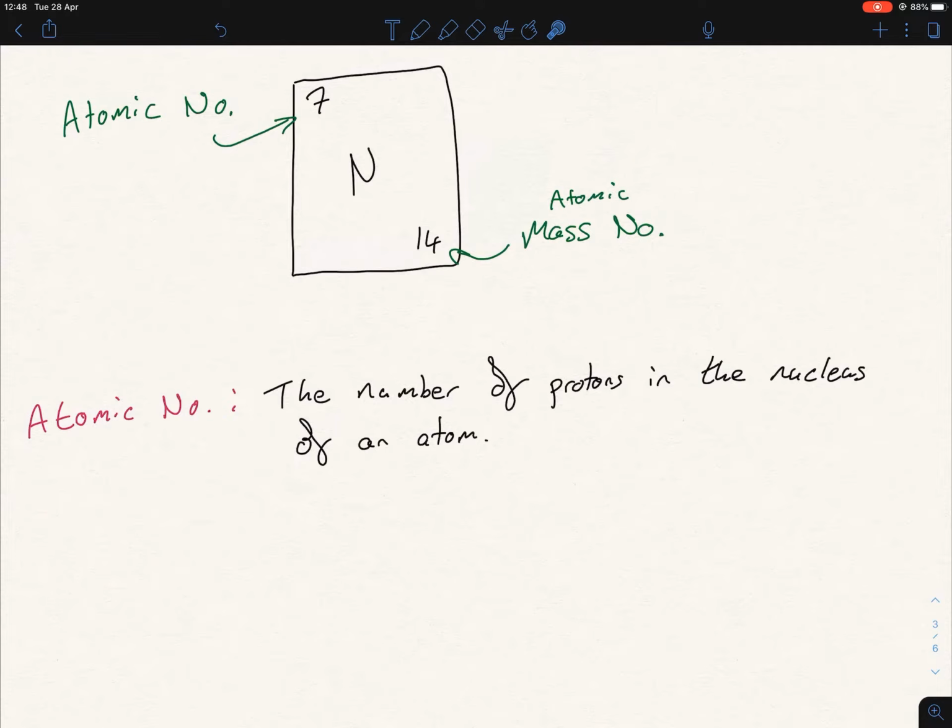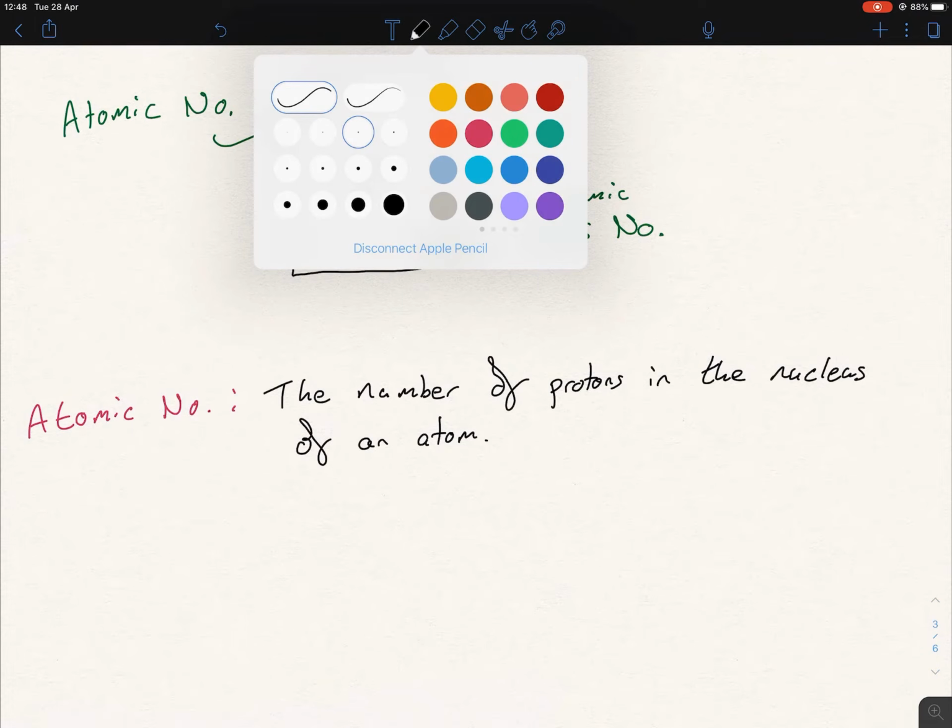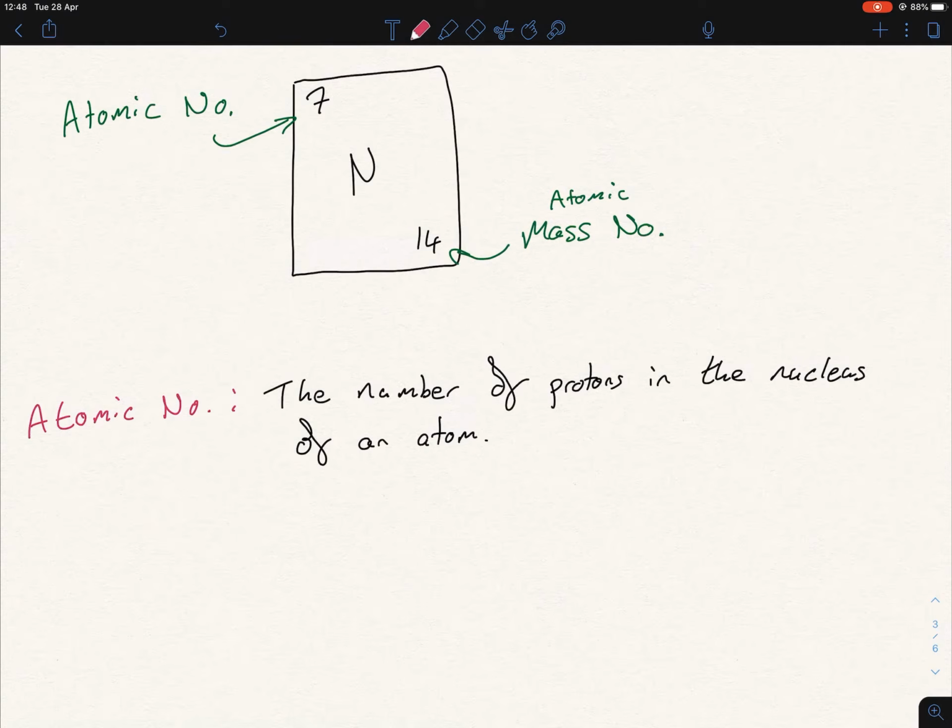If you mention either of those two subatomic particles, then you're not going to get your definition correct. It sometimes baffles me when students write electrons over here instead of protons, even though they know what it is. There's no excuse for not learning off definitions, to be honest.